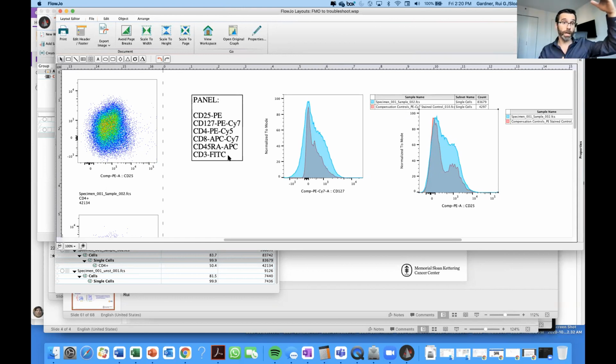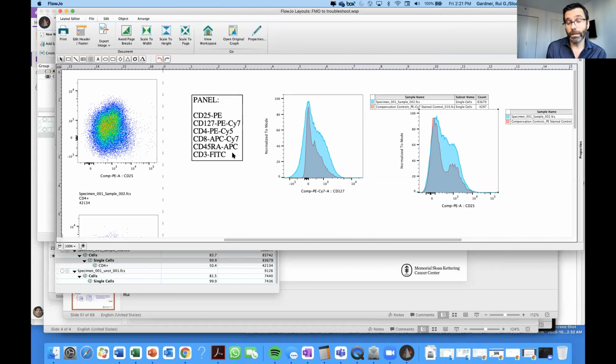And again, if you have a 20 or 30 color experiment, it would be pretty hard because, in PE-Cy7, we could have PE, we could have PE-Cy5, we could have APC-Cy7, even FITC could, well, that's a bit hard, but even FITC could influence somehow, depending on how much FITC is being expressed. So it would be kind of hard to actually understand which would be the fluorochrome that's affecting this.